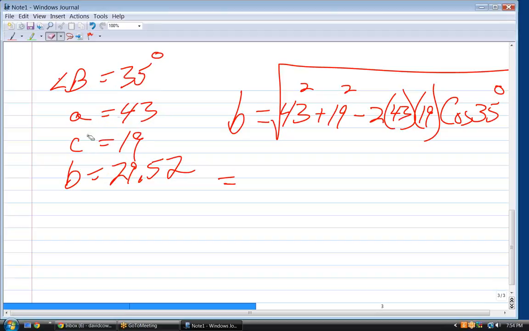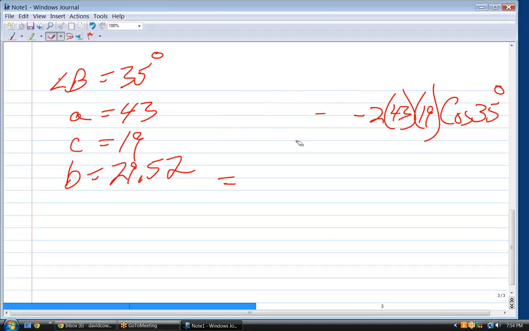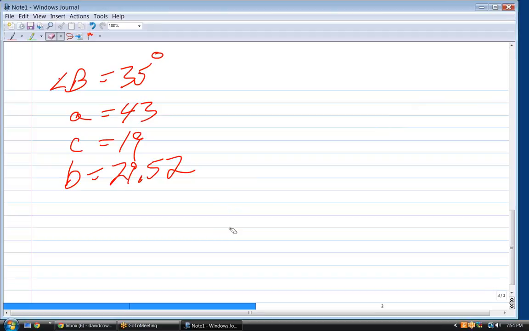Well, if that's going to be true with this triangle, angle C is going to have to be awfully small. Not that that's impossible. It could be. But right off the get-go, it looks a little strange. If it's an impossible triangle, we'll find out in the next step.